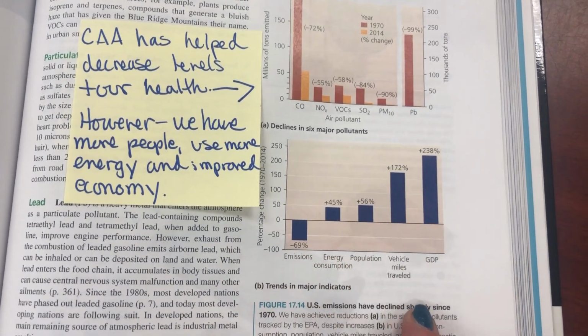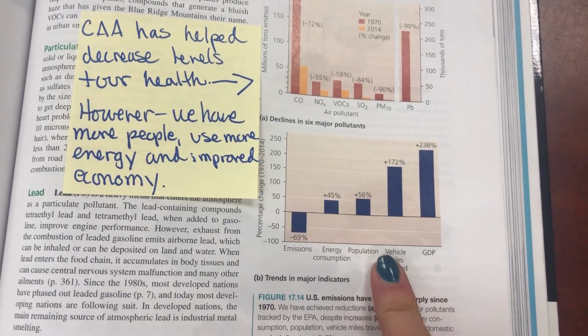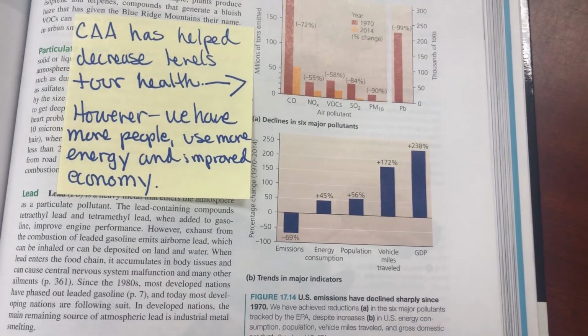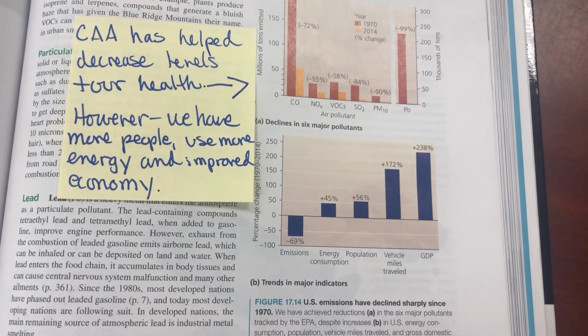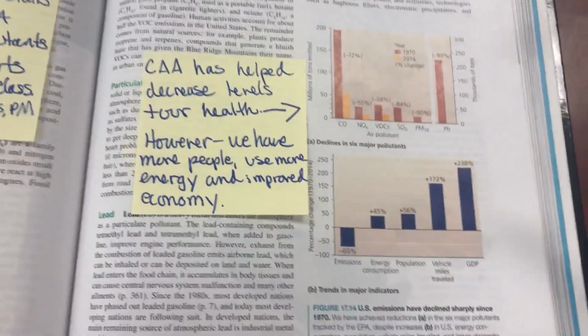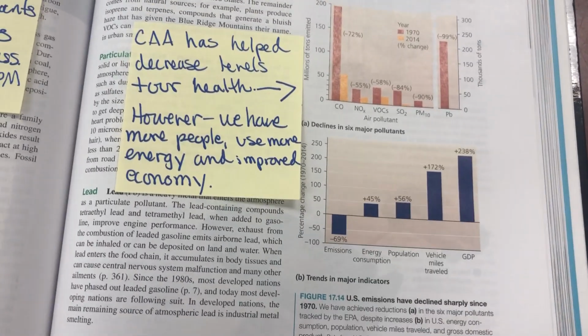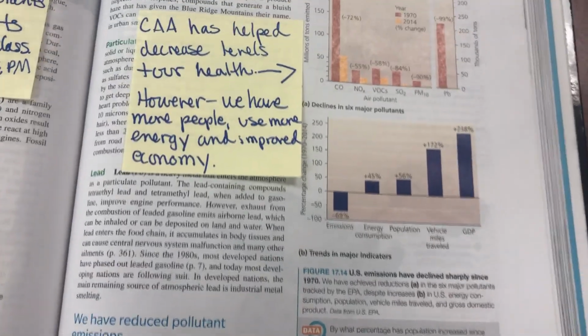The population is still growing, we are still traveling a lot farther, and in general, it has also helped the economy. We've raised a lot of money. So even though we've been able to use new technology to decrease our emissions, we're still high on our energy consumption. So it's something we still need to work on.